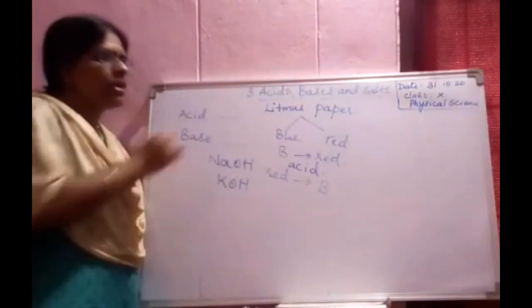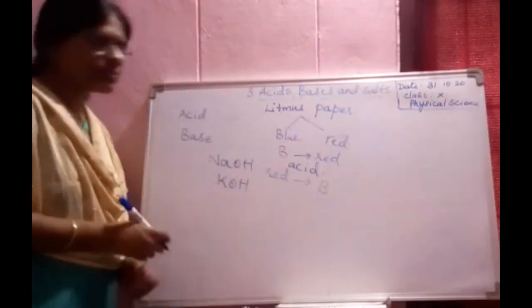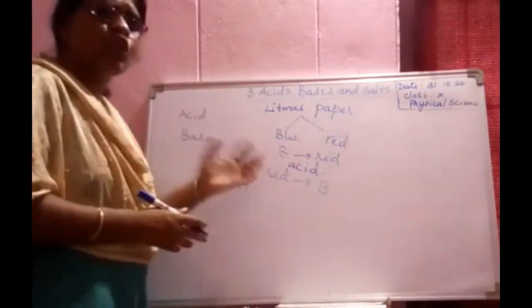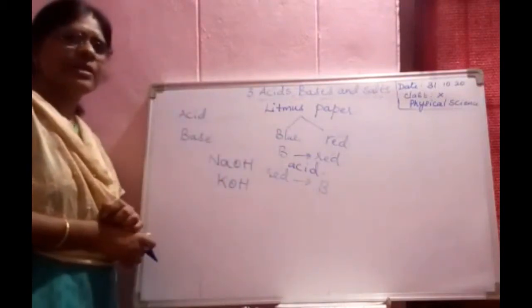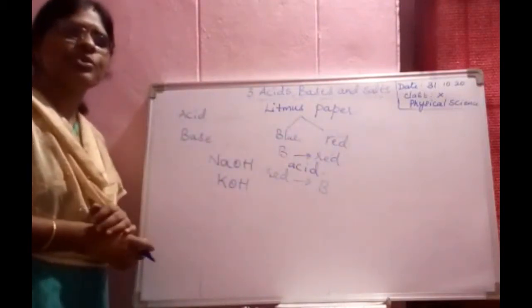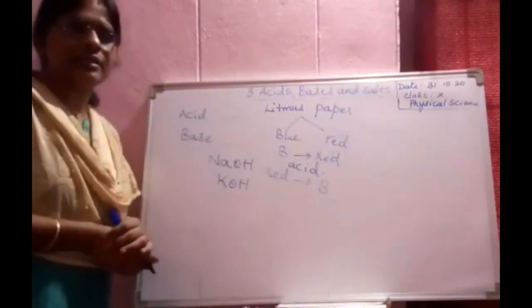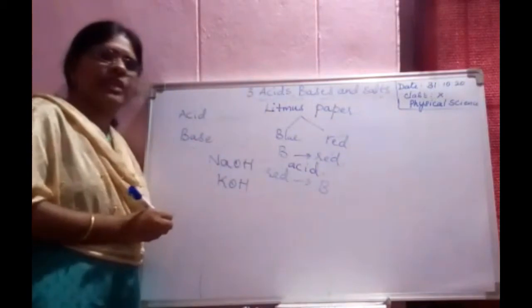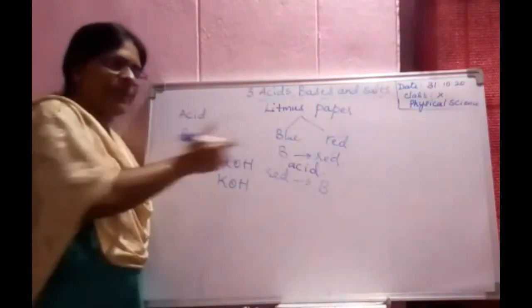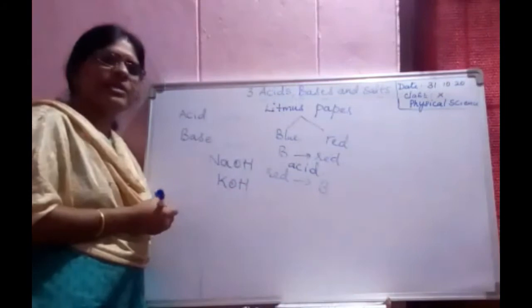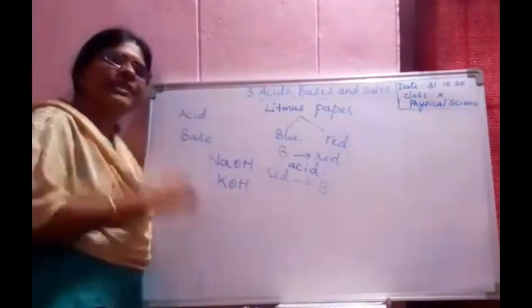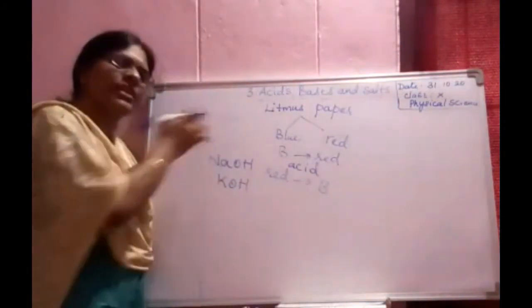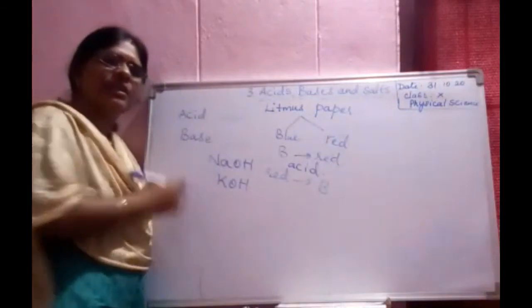Not only litmus paper, you can also use indicators. These are the new ones. Indicators are also there apart from litmus papers to find out whether the given substance is an acid or a base.